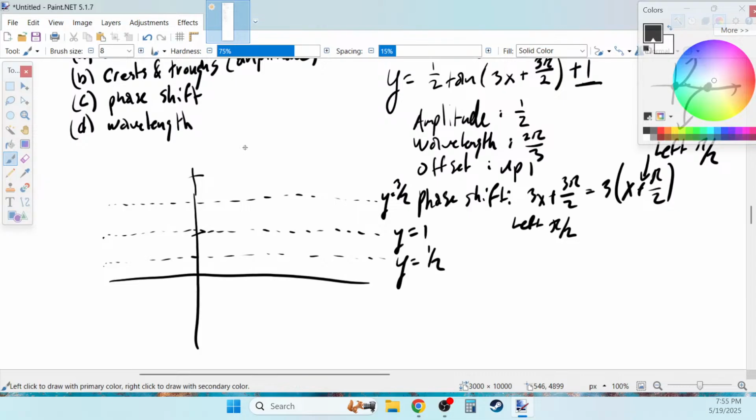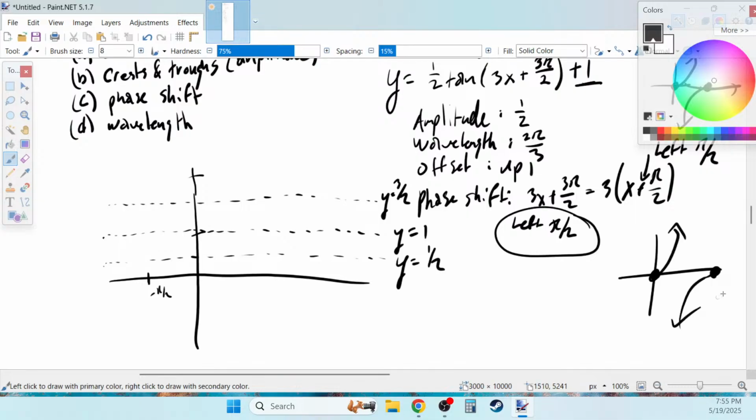Next step after doing crests and troughs is the phase shift. My phase shift is left pi over 2, so I'm going to count over here. We're going to say that this is negative pi over 2. And I know that from my tangent graph, it starts on the midline, goes up, and then comes up from negative infinity. So I'm going to start on my midline.